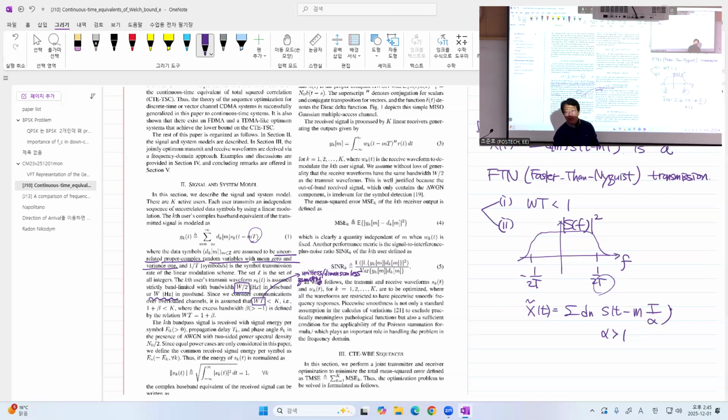I really hate that definition, because if we want to derive any communication theoretically sound result, which means a result that makes sense, this is not good.